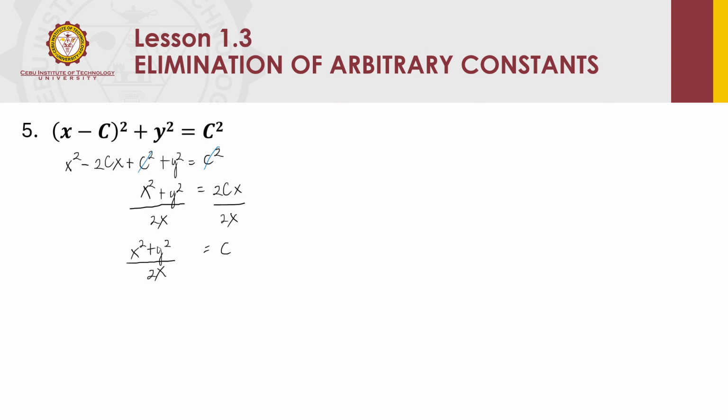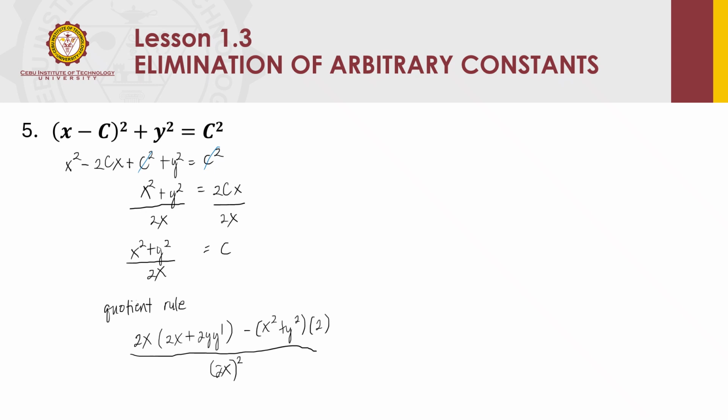Then we use the quotient rule to eliminate c. We differentiate. So we have the denominator multiplied by the derivative of the numerator, so it's 2x times 2x plus 2y prime, and then minus x squared plus y squared multiplied by 2, and then all over the square of 2x, or 4x squared, and then the right side is 0.